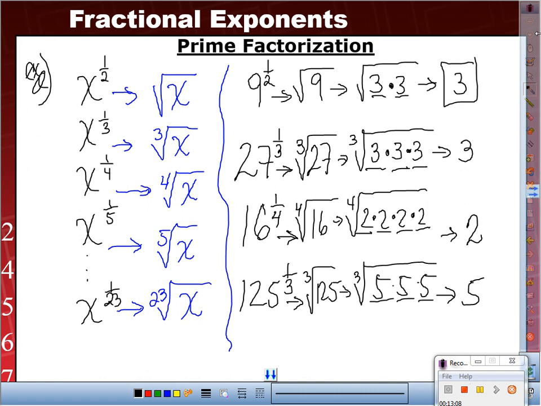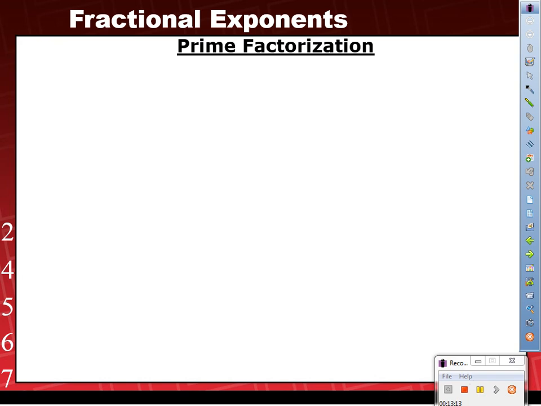So far so good? Alright. Copy these, please. Example 1A, 343 to the 1/3, and B, 32 to the 1/5 plus 9 to the 1/2.